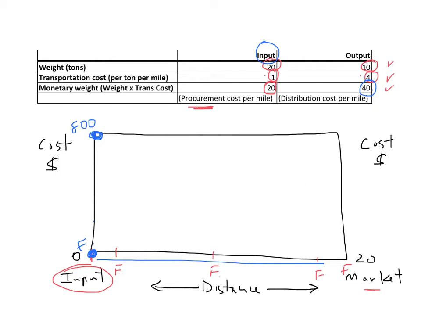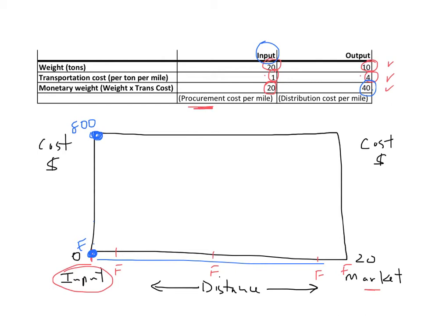We're going to have a total procurement cost of $0 because the input sits at the location of the factory. What we're plotting in this picture, and this is the part you need to get straight, is the cost of procurement and the cost of distribution associated with each possible location of a factory.